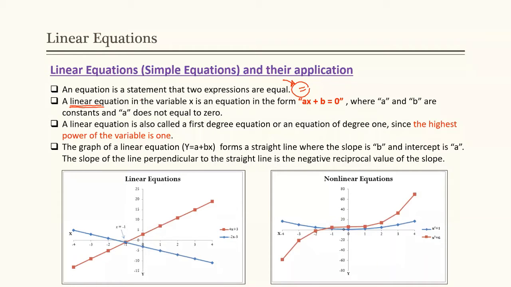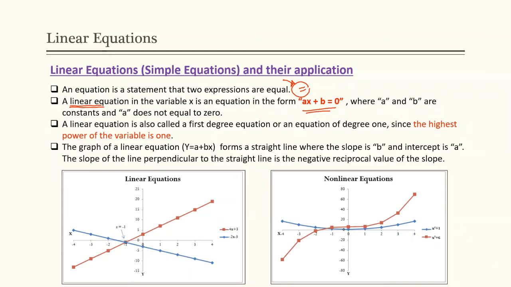A linear equation in the variable x is an equation in the form ax + b = 0, where a and b are constants and a does not equal 0.